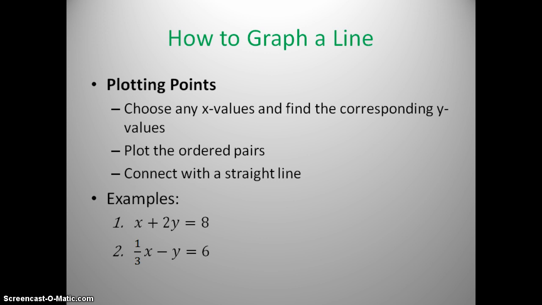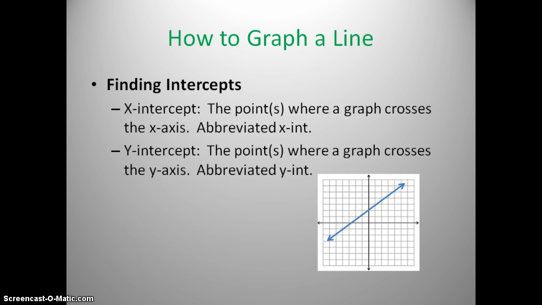Okay, so this brings us to the second method of graphing, and this is finding intercepts. So we're going to just define what an intercept is, and this is a general definition for an x and y intercept. Doesn't only pertain to lines. An x-intercept for a graph is just the point or points where a graph crosses the x-axis.